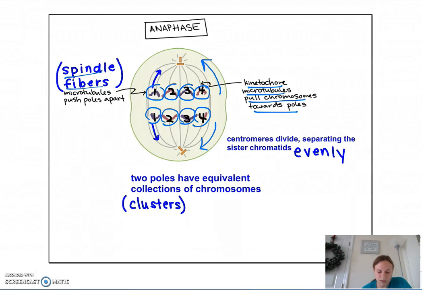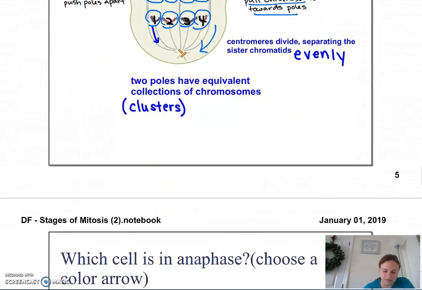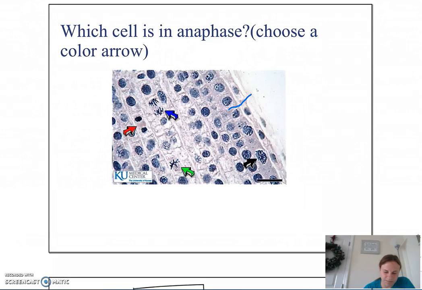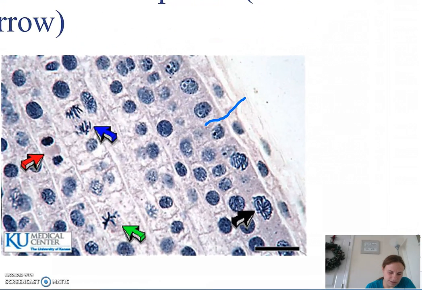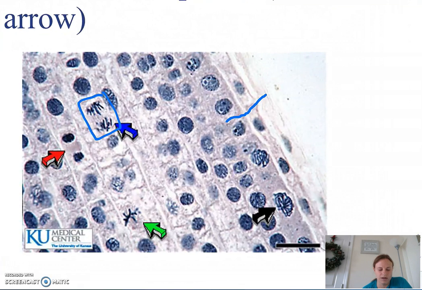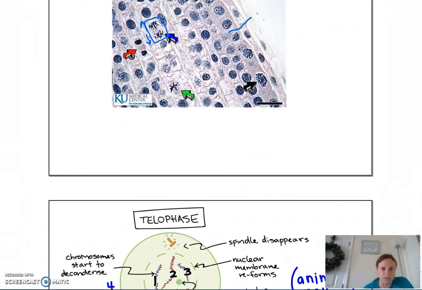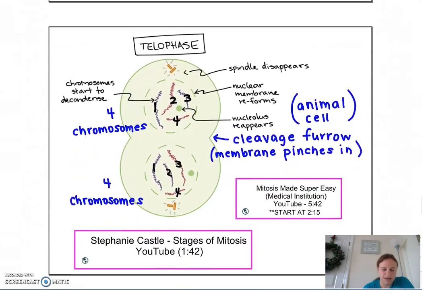So now the two poles have equivalent clusters of chromosomes. Which cell is in anaphase? How would we know? Well, can you see that this cell would be in anaphase because our sister chromatids are pulling apart towards either end of our cell, heading towards opposite poles?